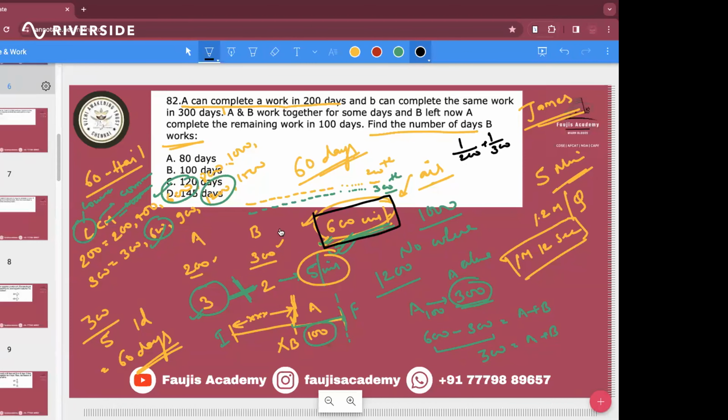So we found the LCM of 200 and 300, which is 600, and we assume this as the total unit of work. This much bits and pieces of work they are supposed to do. And this is not work, this is the number of days he takes individually. B takes 300 days. So far, so good, James.